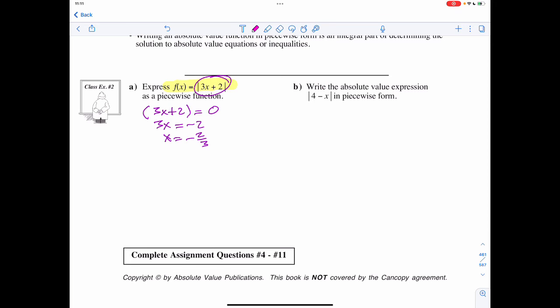So, f of x, which is the same as the absolute value of 3x plus 2, splits up into the two pieces.